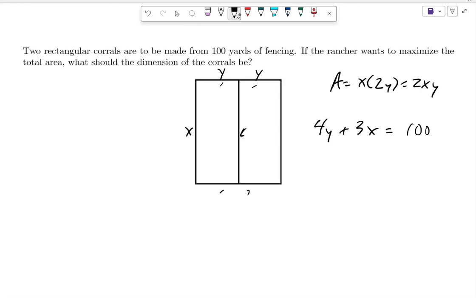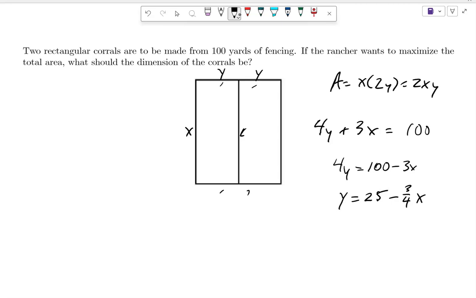So now we can solve this for y. Subtract your 3x to the other side and divide everything by 4. Okay.